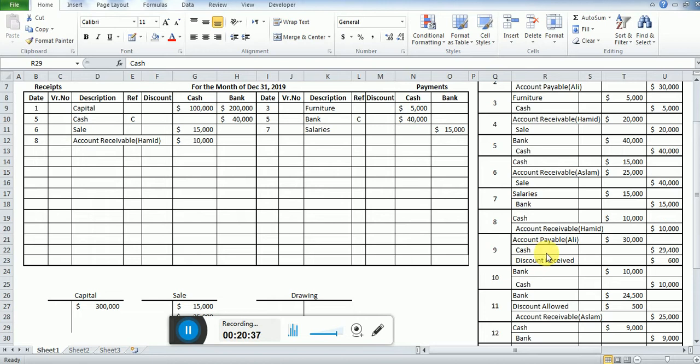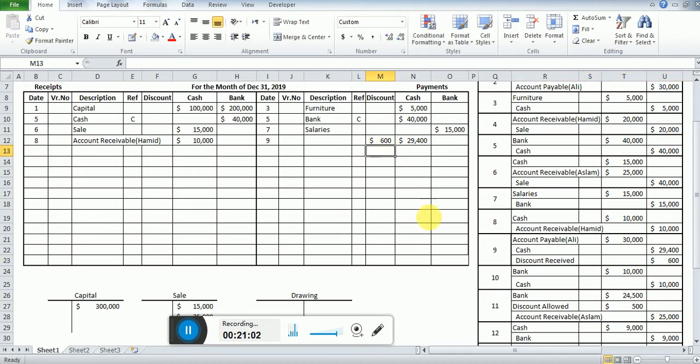Cash and discount, both of them credited. So cash credited how much? In transaction number 9, cash account credited how much? Look here, 29,400. At the same time, discount account also credited. So discount account credited how much? 600. So just put it in 600.